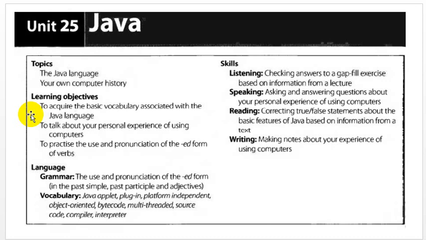Language, grammar: the use and pronunciation of the -ed form in the past simple, past participle, and adjective. Vocabulary: Java applet, plugin, platform independent, object-oriented, bytecode, multi-threaded, source code, compiler, interpreter.